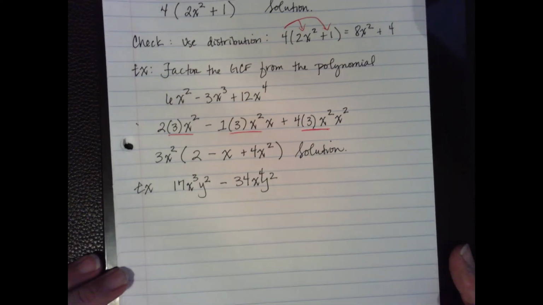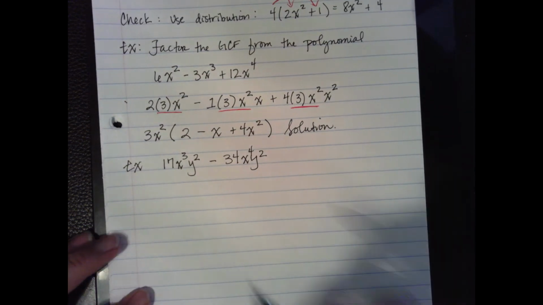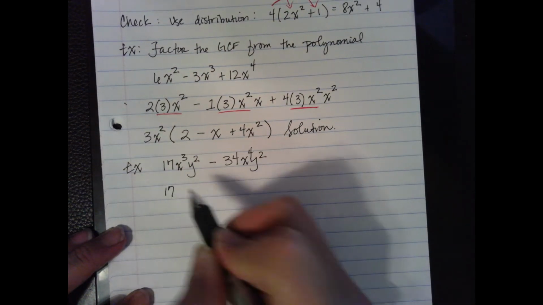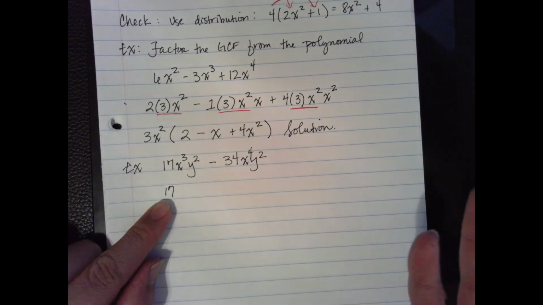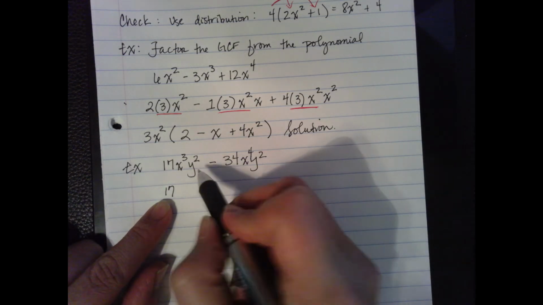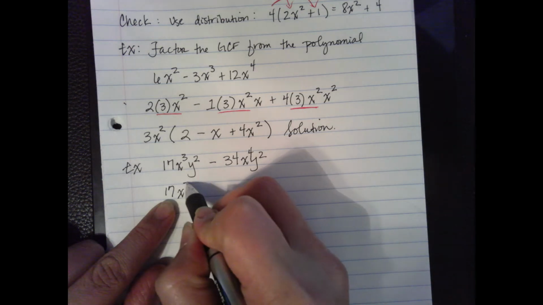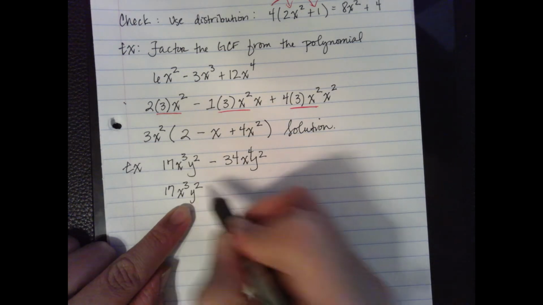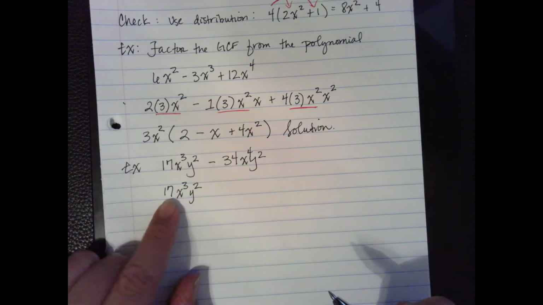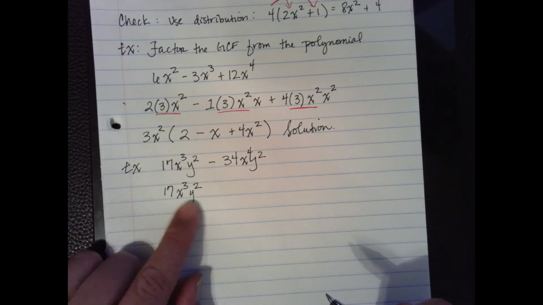Okay, so I'll go ahead and write out the expanded form like we have been, just so we can see what we're about to pull. Okay, in my first term, 17 is not factorable any further. x cubed is part of my GCF and y squared is part of my GCF, so I don't have to do any alterations for any of these items.